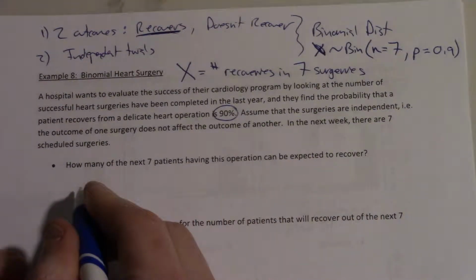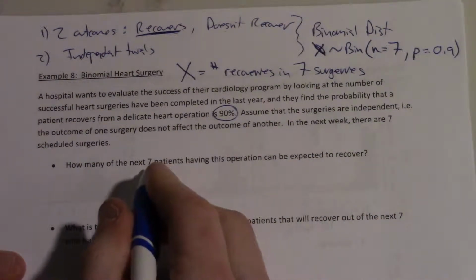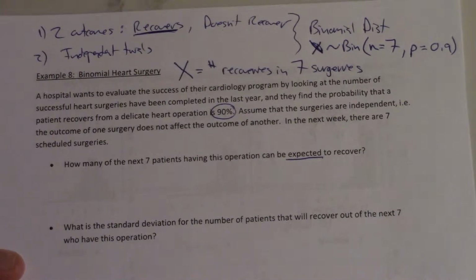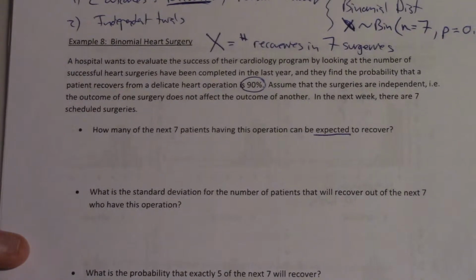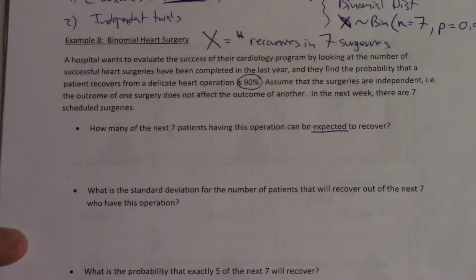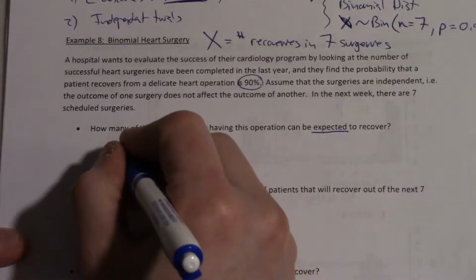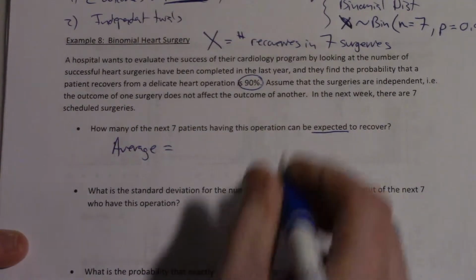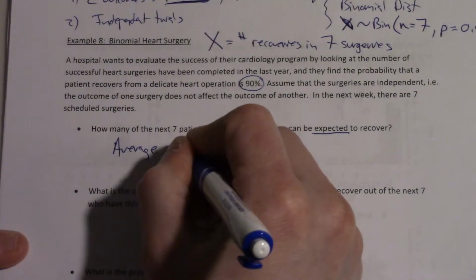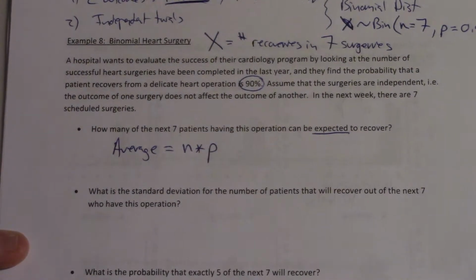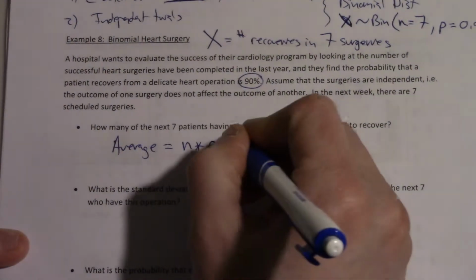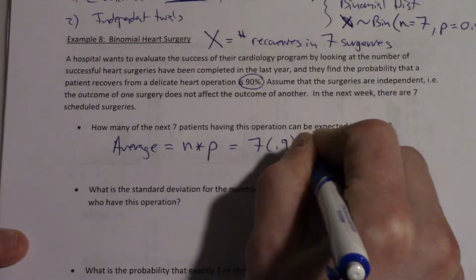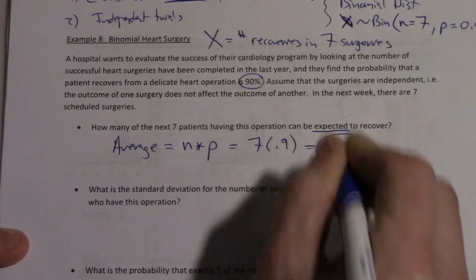So to answer part A, how many of the next 7 patients can be expected to recover? So when we see the words expected, that means what's the average? So here, because we use this binomial distribution, we can take the number of trials times the probability of success, 7 times 0.9, which is 6.3.